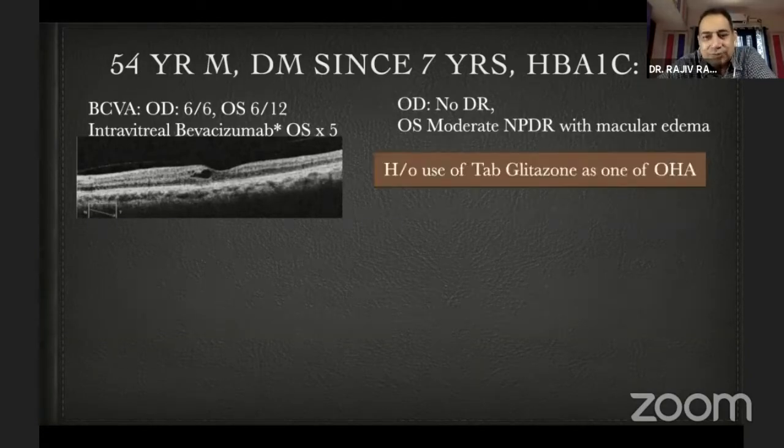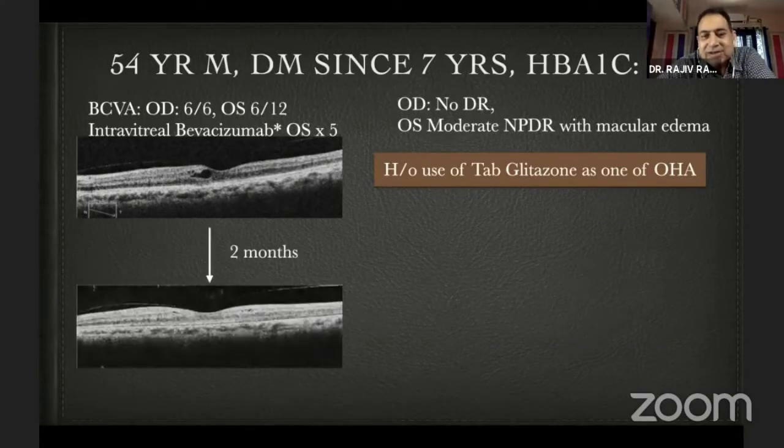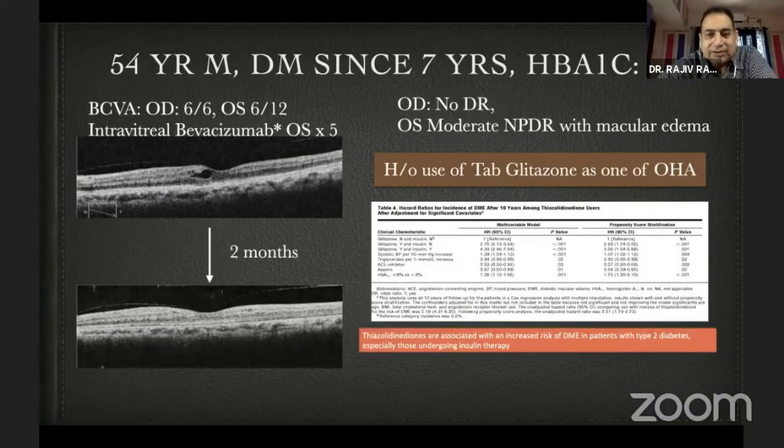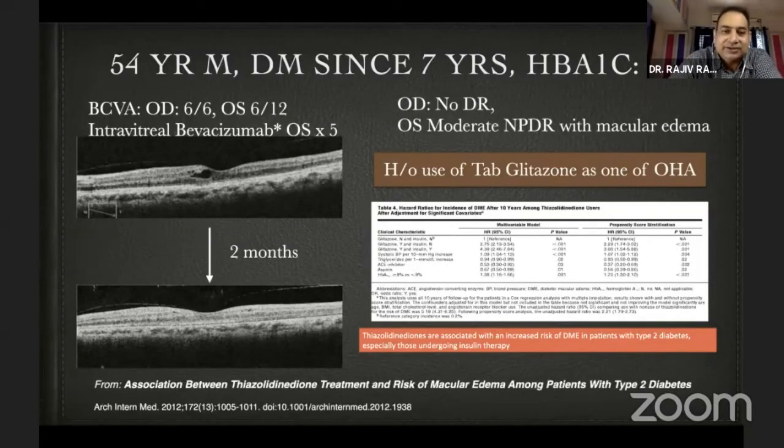He had a history of use of glitazones, and we just stopped that. We never injected at this visit, and you can see the macular edema totally went off. There is evidence now that it's not only thiazolidinedione, but if they are also on insulin, definitely the risk, the hazard ratio of developing macular edema, is much higher.